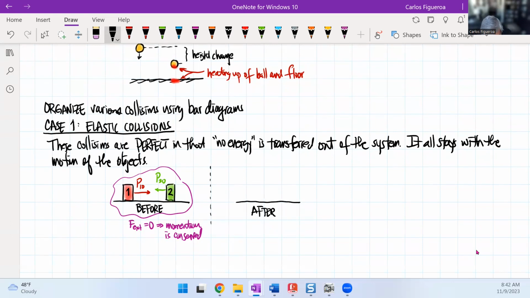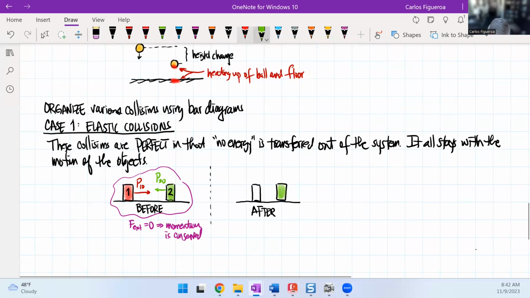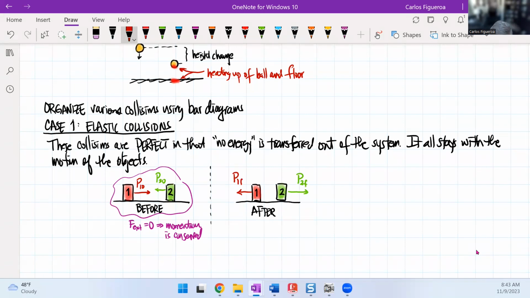Of course, there's a collision, but afterwards, the momentums of these blocks are going to readjust themselves. I'm going to have some other different momentum for each of these objects, and again, everything stays within the system.